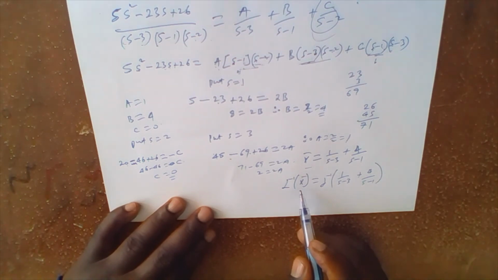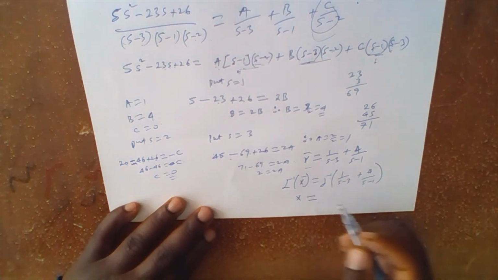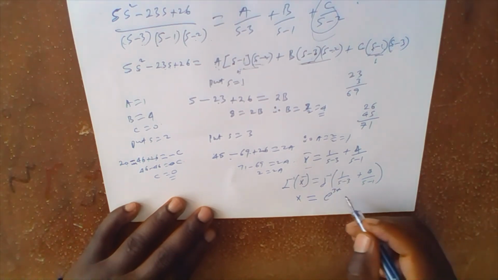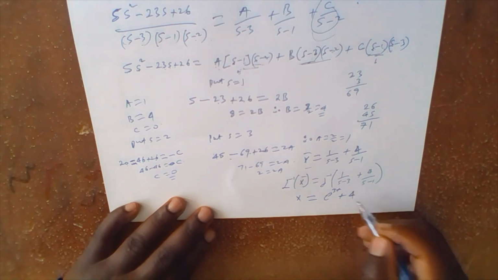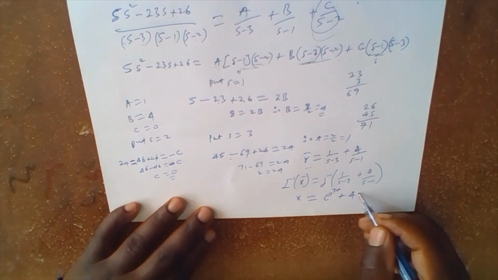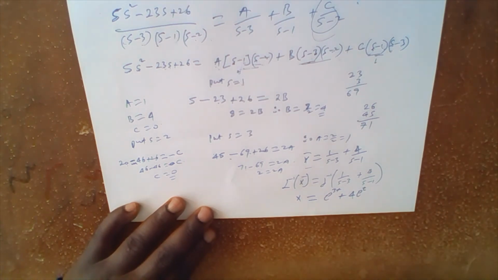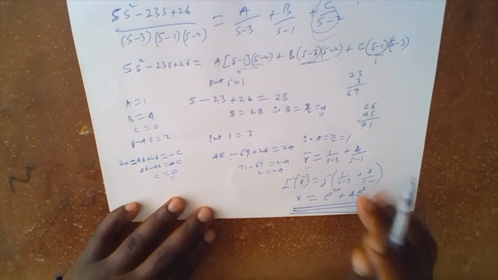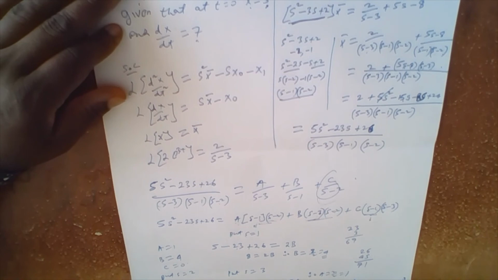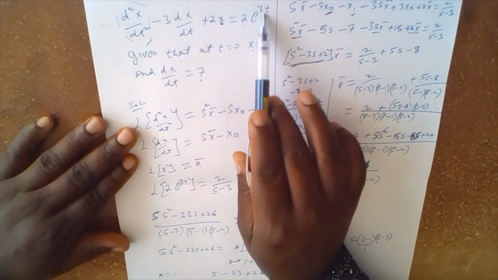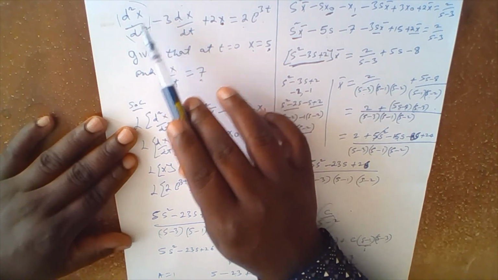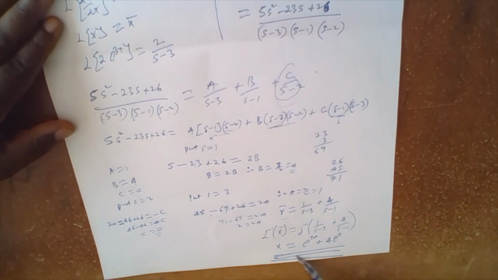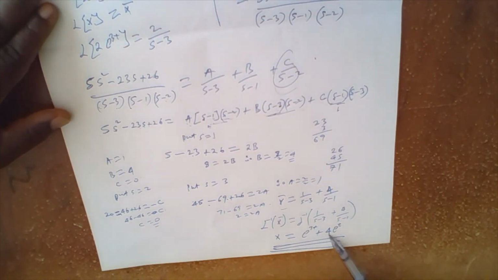So the inverse Laplace transform of X bar will be x, which equals e^(3t) plus 4e^t, and this is the result of this expression. So when you solve this equation, d²x/dt² minus 3 dx/dt plus 2x equals this, the result will be x equals e^(3t) plus 4e^t.